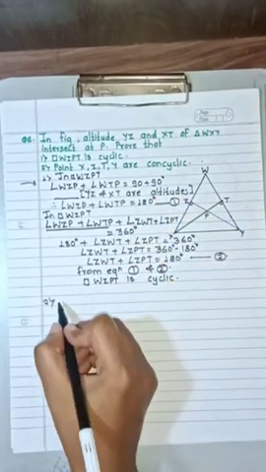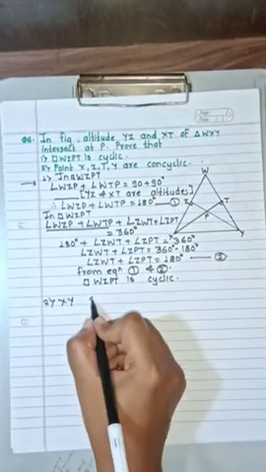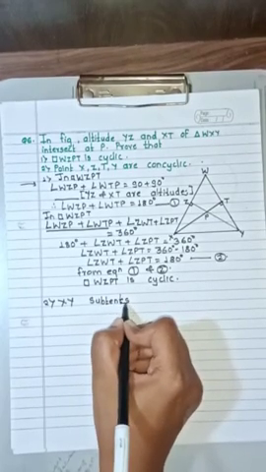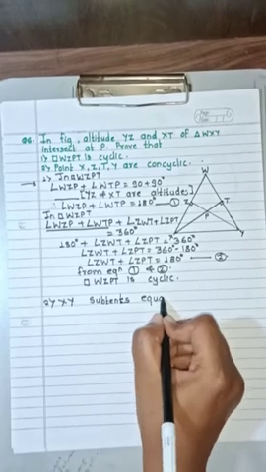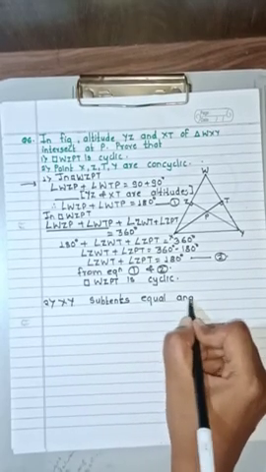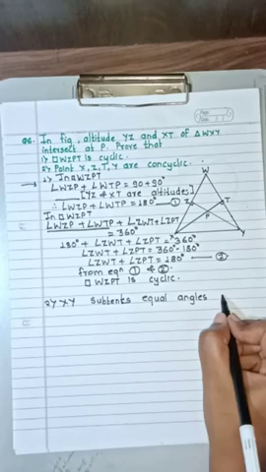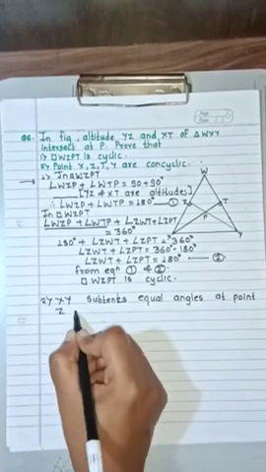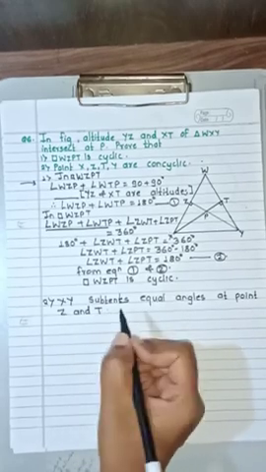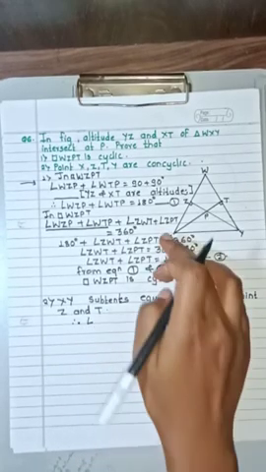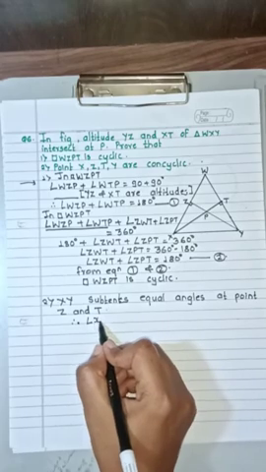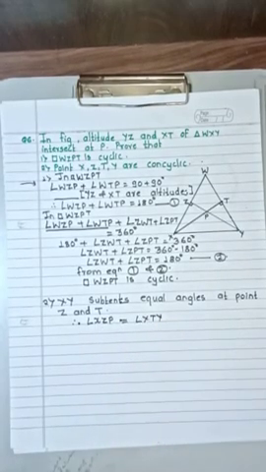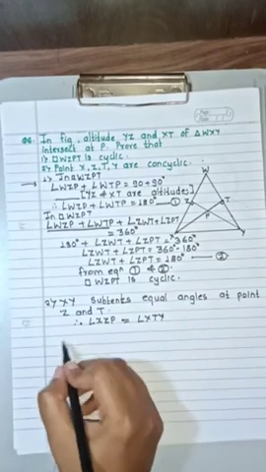Okay, in the same way, you can write down here XY subtends equal angles at points Z and T. Therefore, you can say that angle XZP is equal to angle XTY. Okay. So, you can write down the statement over here.